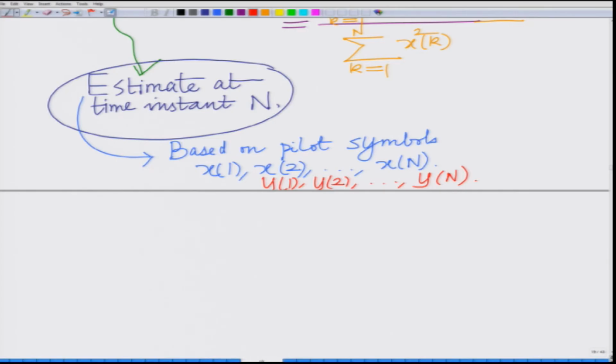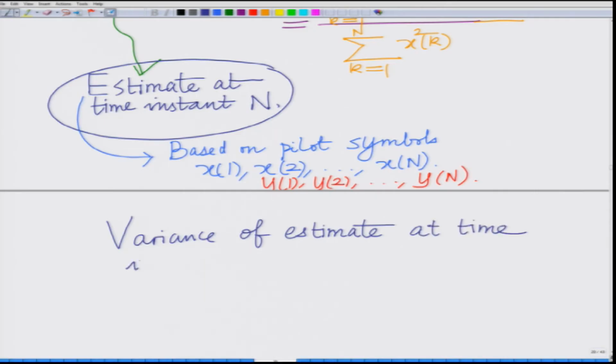Now, also remember we have calculated the variance of the estimate at time instant n. Let us denote this by P of n, the variance at time instant n.